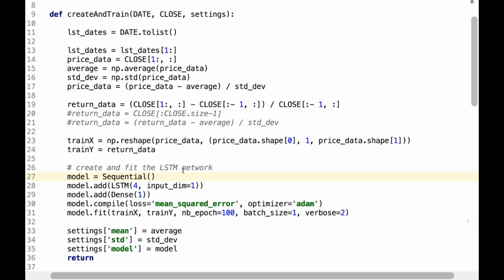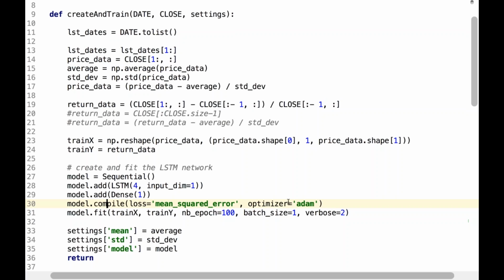So I'm creating a sequential Keras model. Sequential just means that I'm going to start with a bare bones model and add the specific layers I need. I then add my input layer, which has an input dimension of 1. We're basically passing it price data. I add a single hidden layer. I then tell it that as it's modeling, the loss function should be mean squared error, and the optimizer should be ADAM, which is adaptive moment estimation.